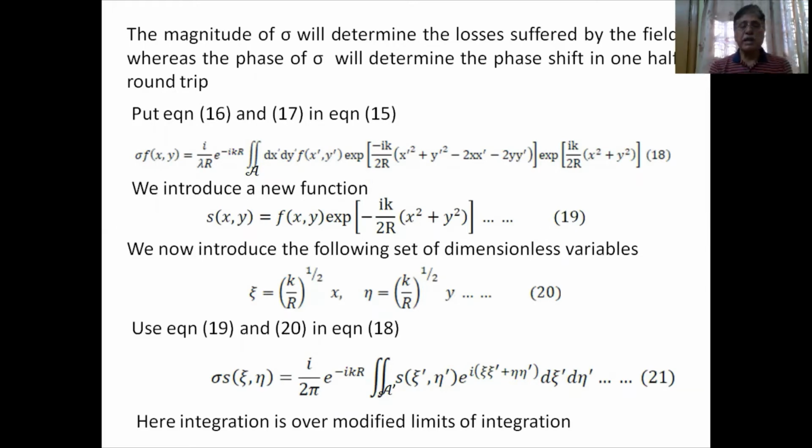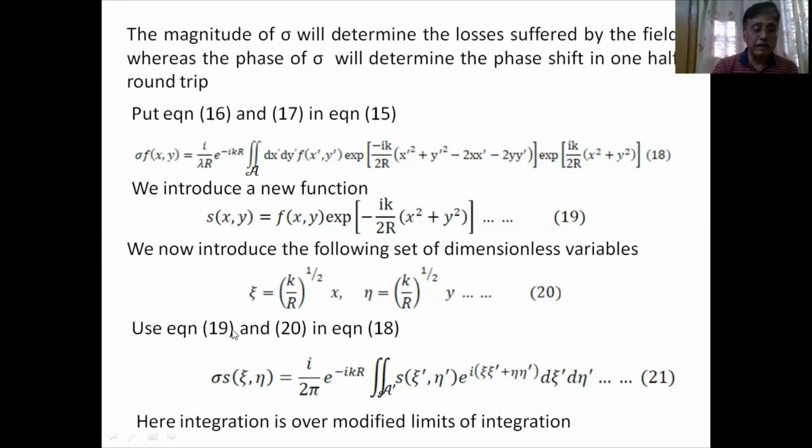So use equations 19 and 20, that is S(x,y) is equal to F(x,y). We are using this expression and this expression in expression 18, we put it over here. So what do we get? We have sigma in place of F(x,y). You can see from here we have S(x,y) is equal to F(x,y) exponential minus iK by twice R (x square plus y square). And from here, we write sigma S(xi, eta).